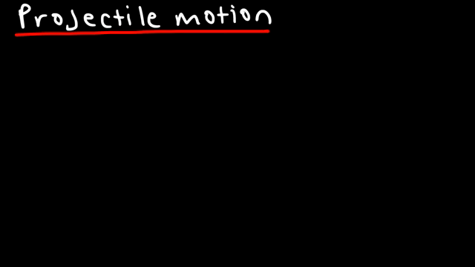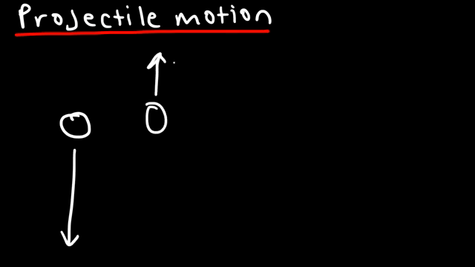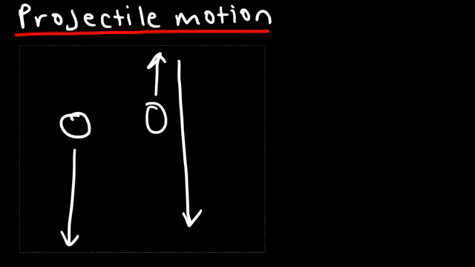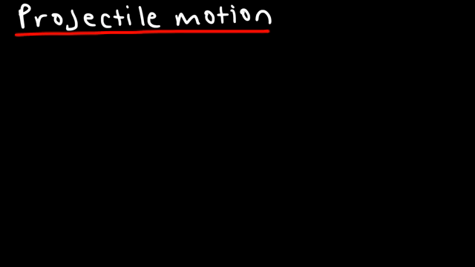So far, we've considered one-dimensional projectile motion, that is, in the y direction. The first case was a ball going straight down. The second case was the ball going up and then down. So it's one-dimensional because it's only one direction, in this case the y direction. But let's talk about projectile motion in two dimensions, that is, in the x and the y direction.